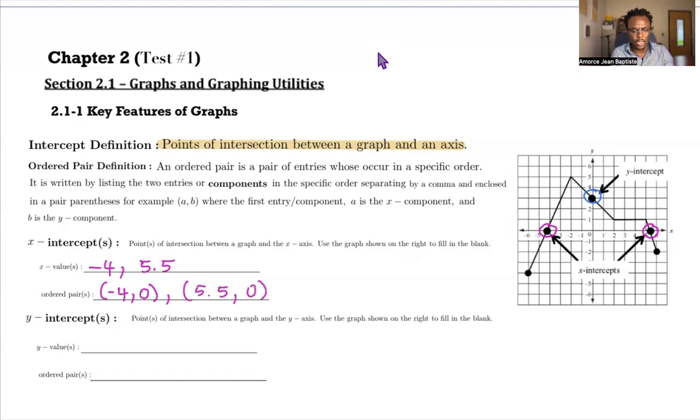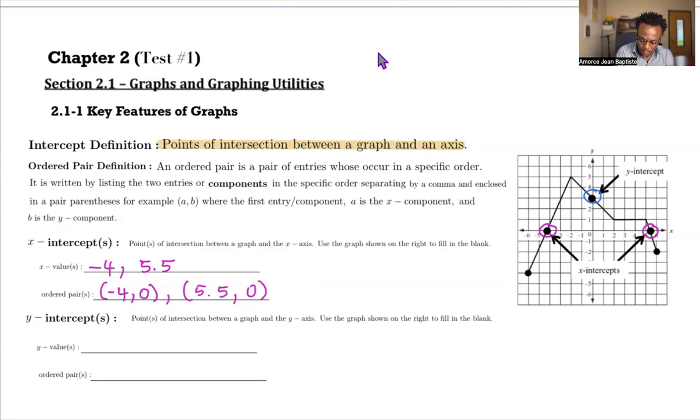If you are only asked to give the x-intercept, you can give it however you want. But if there's a specification of which format to present it in, you need to watch this as well when you are doing your assignment.